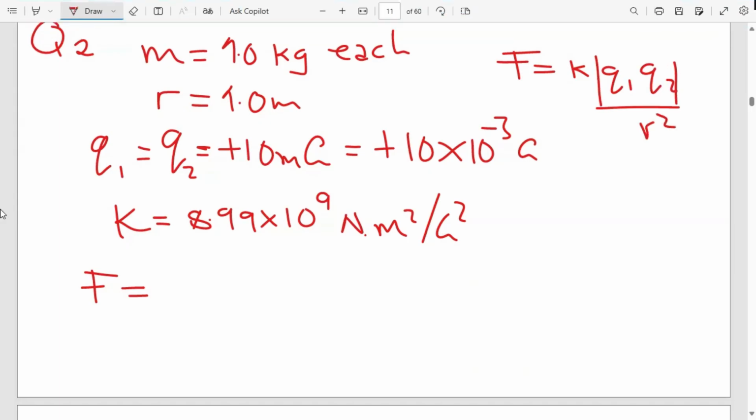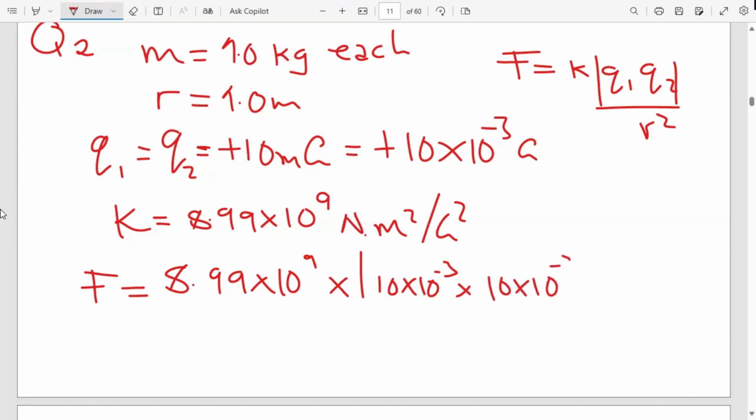Our F is going to be equal to 8.99 times 10 to the power 9 multiplied by, in our brackets, 10 times 10 to the power minus 3 multiplied by 10 times 10 to the power minus 3, over 1.0 squared.